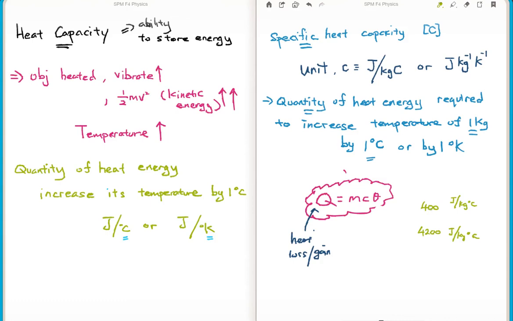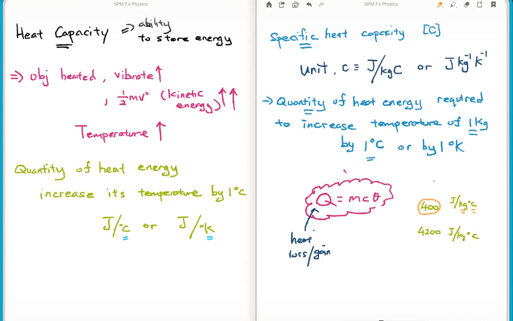What does it mean by 400? If it is 400, it means if you have an object of 1 kg, in order to increase it by 1 degree, you need 400 joule. 400 joule should be sufficient to increase an object of 1 kg by 1 degree.